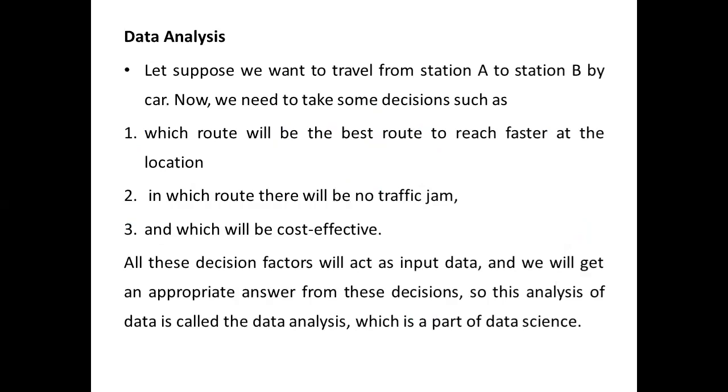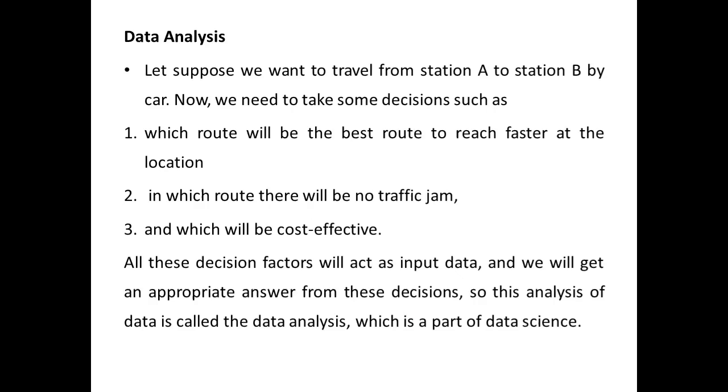So what is data analysis? Let's suppose we want to travel from station A to station B by car. Now we need to take some decisions, such as which route will be the best route to reach the location faster, in which route there will be no traffic jam, and which will be the most cost effective.